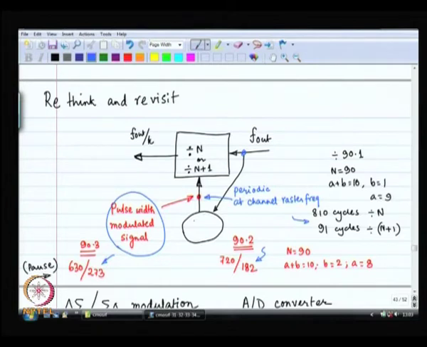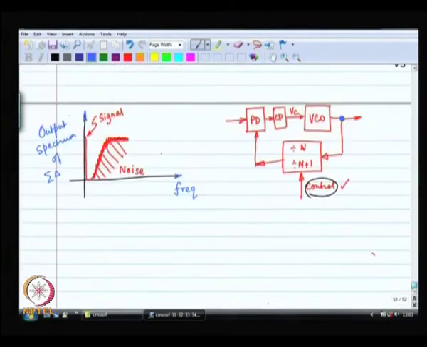Okay. So, if you looked at the spectrum of that particular signal, you would see a DC, and then at the channel raster frequencies and its harmonics, you would see impulses.